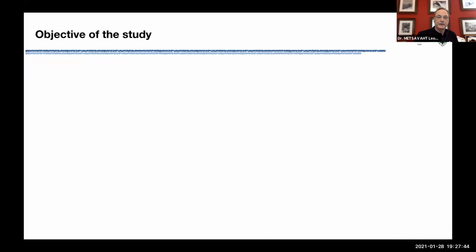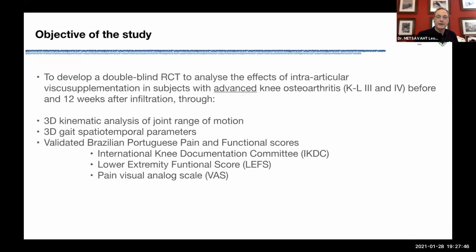So the objective of this study was to develop a double-blind RCT to analyze the effects of intra-articular viscosupplementation in subjects with advanced knee osteoarthritis, only Kellgren-Lawrence 3 and 4, before and 12 weeks after infiltration, through 3D kinematic analysis, 3D gait spatiotemporal parameters, and validated Portuguese pain and functional scores, the IKDC, LAFS, and pain visual analog scale.